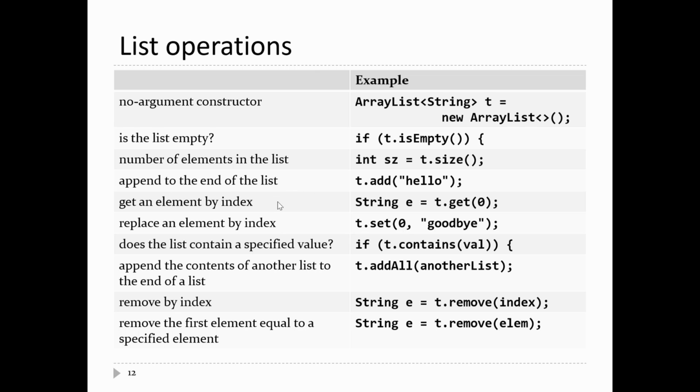How do you get an element out of the list? To get an element out of the list, you use the get method. The get method is analogous to the square brackets in Python. You give it an index, which in Java is always between 0 and the size of the list minus 1, and that returns a reference to the element in the list.